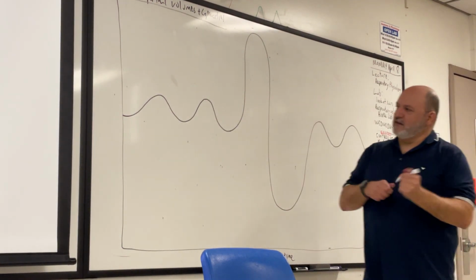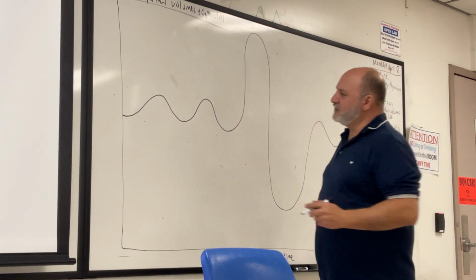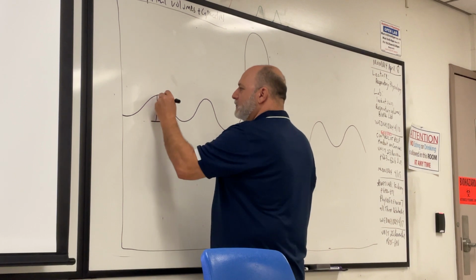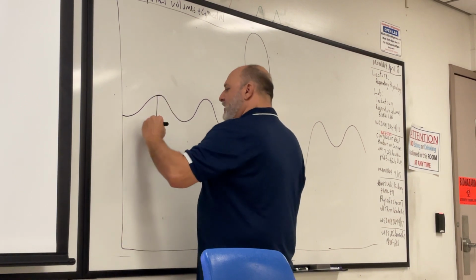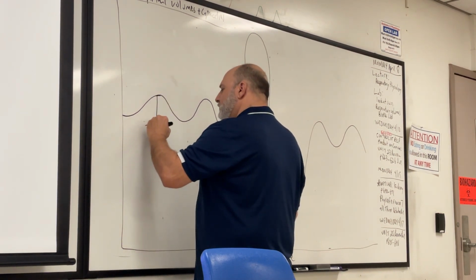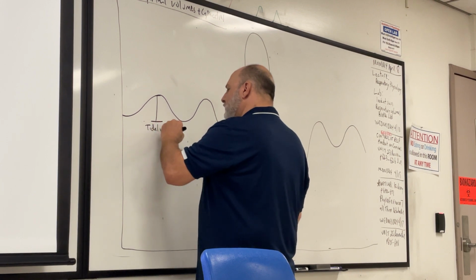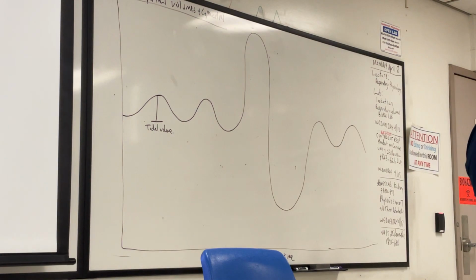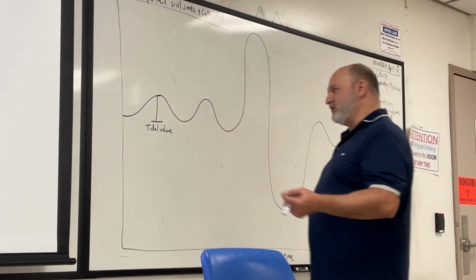The first of these, and I'll stick with black for this one because it's a good basic one, is what is known as your tidal volume. Your tidal volume is the amount of air you breathe in and out in a normal resting breath.